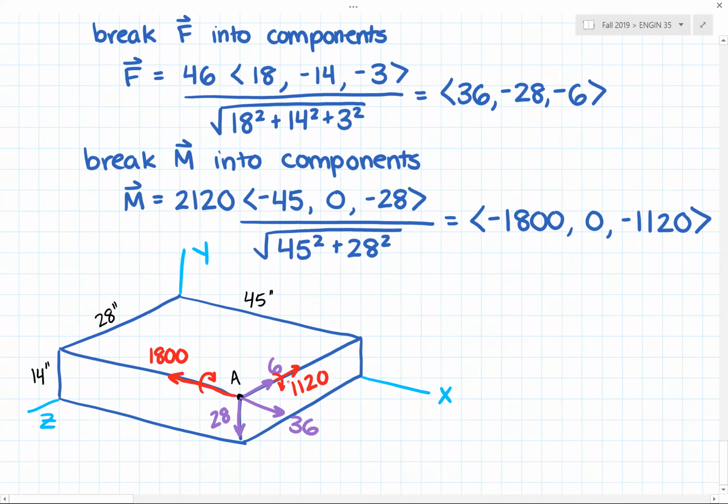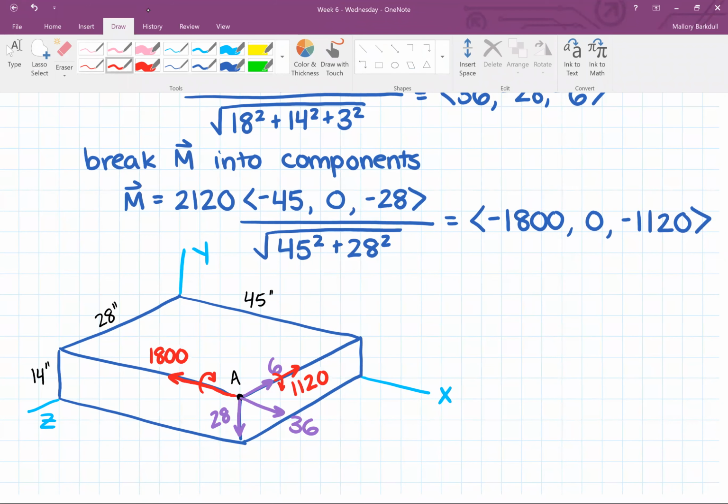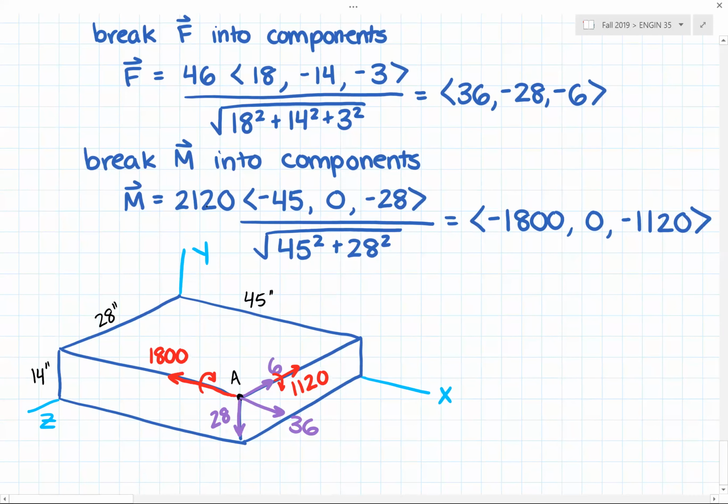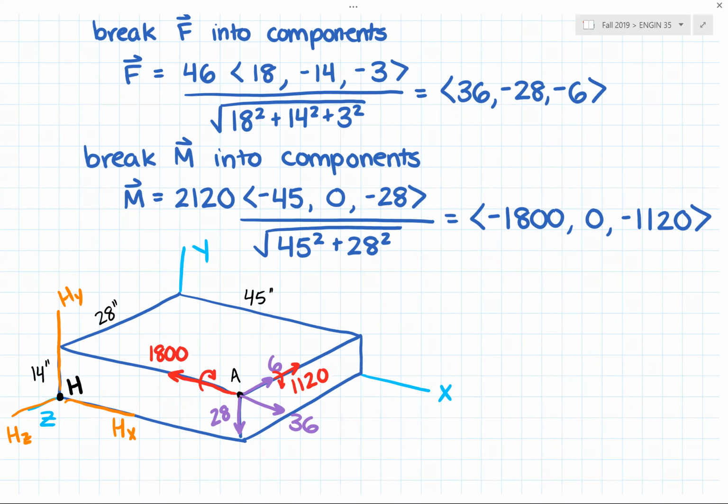And what we're looking for in this problem is to replace this applied force and applied moment at A with the equivalent force couple system at H. So we can picture we have new axes over here at H: HX, HY, and HZ. And we're looking for the force and couple that will have the same impact on this rigid body as our original loading.